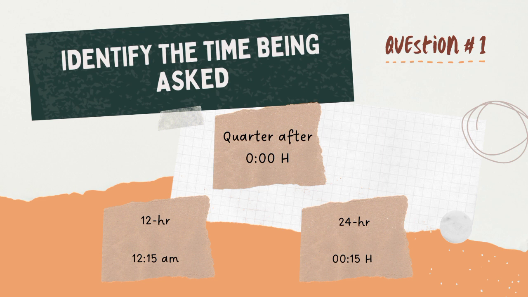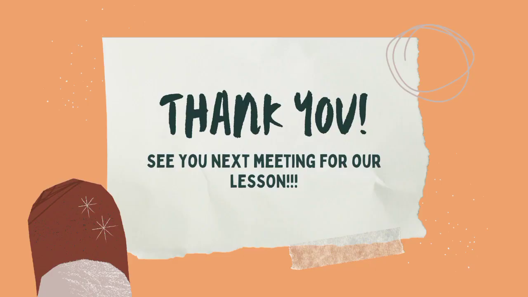So, 1/4 ng 30 is 15. So, ang midnight is 12. So, 12:15 a.m. to sa 12 hour. Then, corresponding niya to 24 hour in military clock is 0015 hours. And dyan na nga nagtatapos ang discussion natin ngayon. And thank you sa pakikinig and see you next meeting for our lesson.